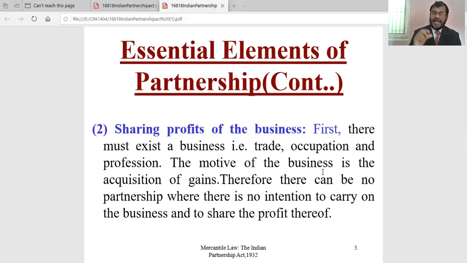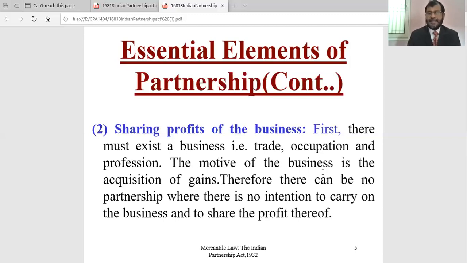It should be either for a trade, or for an occupation, or for a profession. For example, two or three lawyers, advocates or solicitors can join together and form an association or a firm or a partnership.